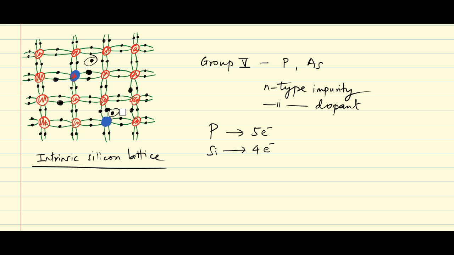So let me now liberate this particular electron. Imagine that because of the temperature it gains sufficient energy to move away, and once it is free it can be anywhere in the lattice. So I'll just draw it somewhere over here. This is the free electron.